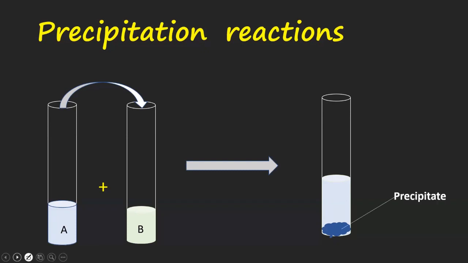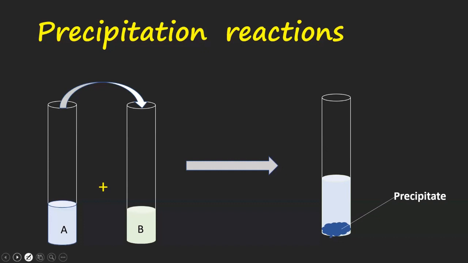Now, this solid, which is formed by mixing two clear see-through solutions, is called a precipitate, and this reaction is called a precipitation reaction. So the solid which is formed, called the precipitate, was not already there. It came out of the mixing of two solutions.